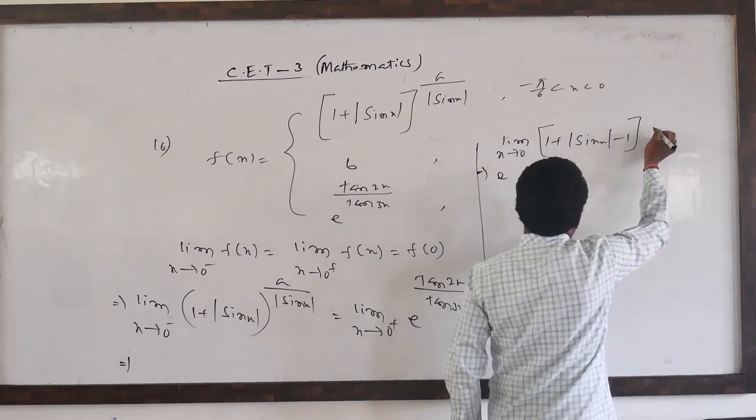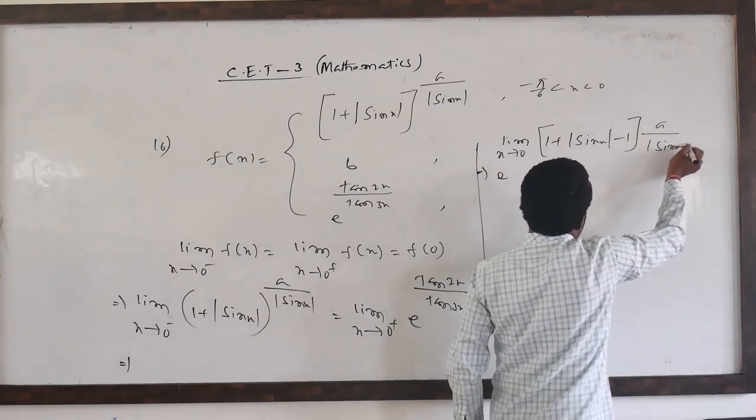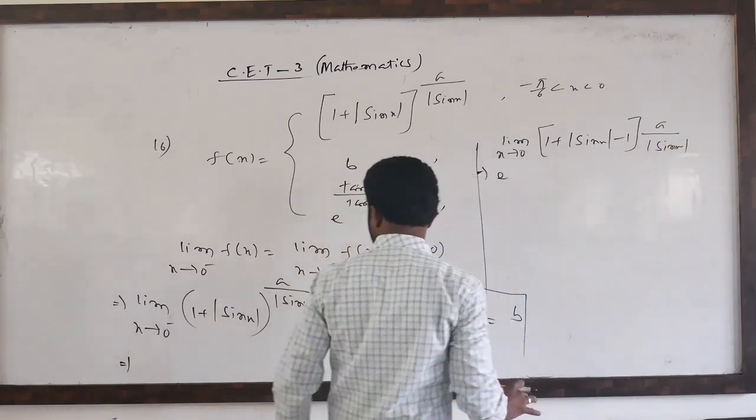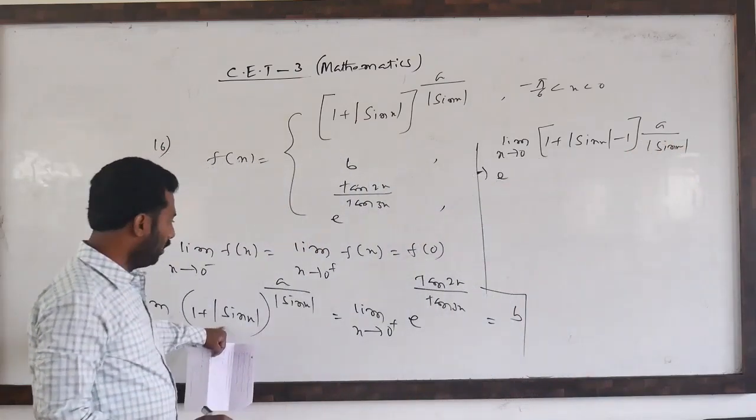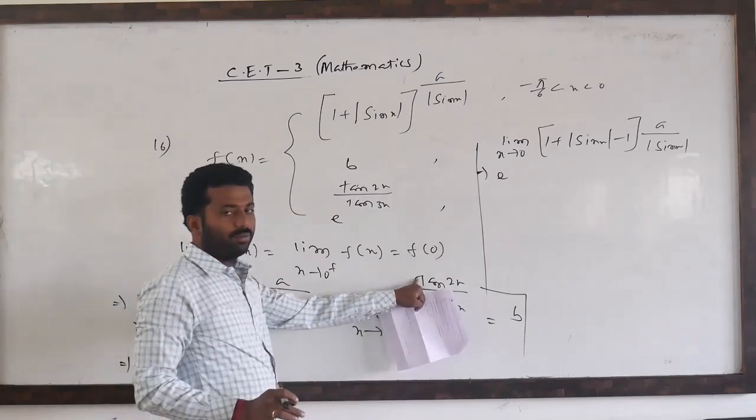Here g of x is nothing but a divided by modulus of sin x. This one I am writing as e power, this one limit tends to 0. Here also you can apply the limit.